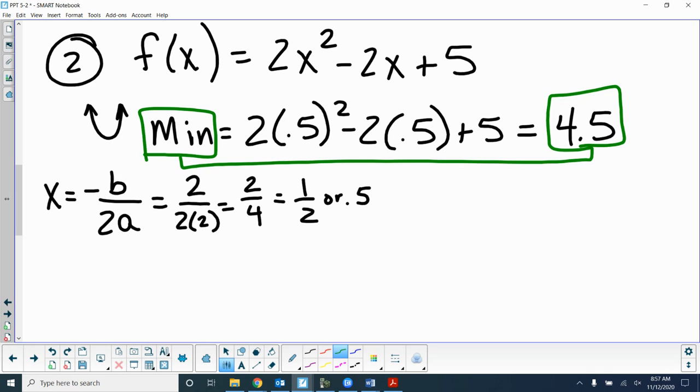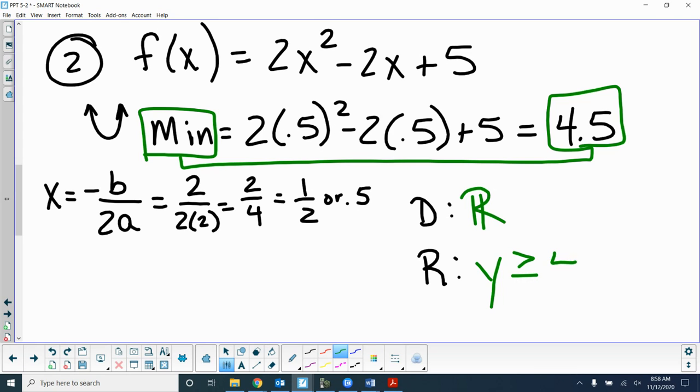But we're not done. You still have to tell me domain and range. Domain, you guys all know it's all real numbers. Range, since it's a minimum, is it y greater than or equal to or y less than or equal to? Greater. Minimum, everything's bigger than it, right?